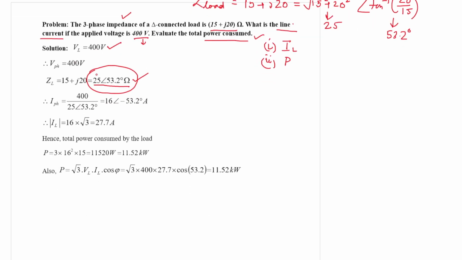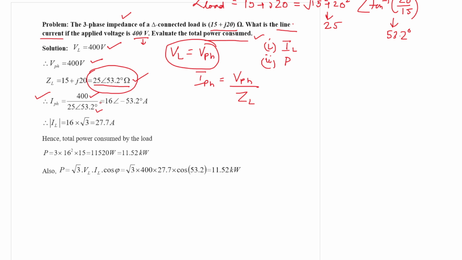Now from this line voltage we can directly write that the phase voltage is also 400 volt, because for a delta connected load, line voltage is equal to phase voltage, as we have observed. So the phase current becomes phase voltage divided by the load impedance connected in each phase, 400 volt divided by 25 ohm.